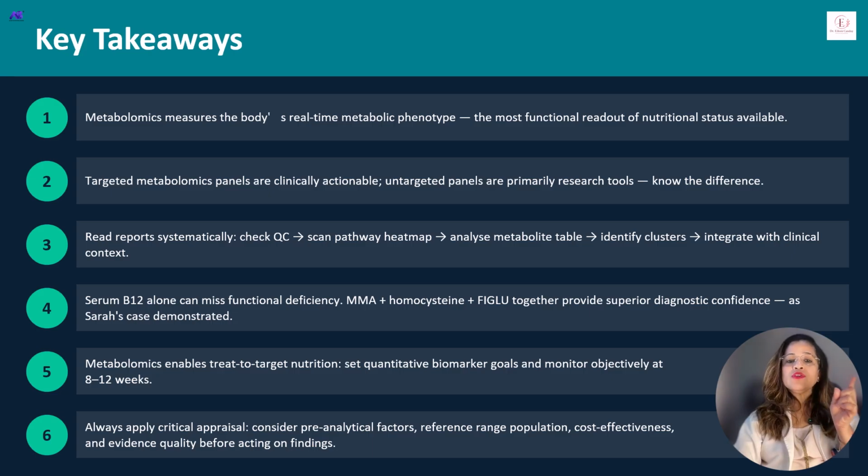Treat to target: what gets measured gets managed. Not every patient needs a big metabolic panel. It's expensive. So your job is to identify who would benefit most from it, whether the results will change your management. The field of nutritional metabolomics is growing very rapidly.